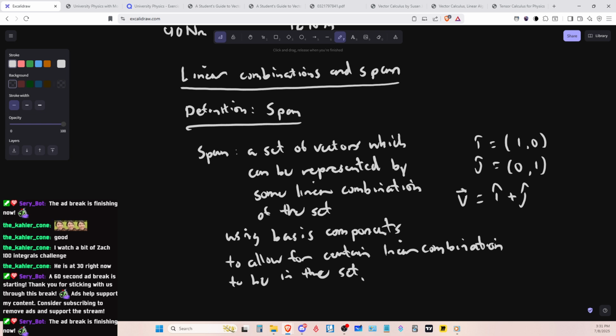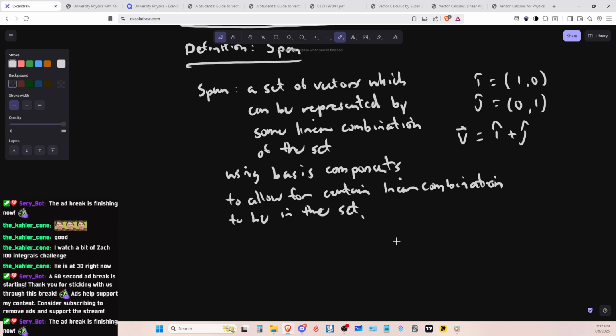So let's see. Okay, so the way they show it, or at least the way to think about it, is that the span involves the basis components.